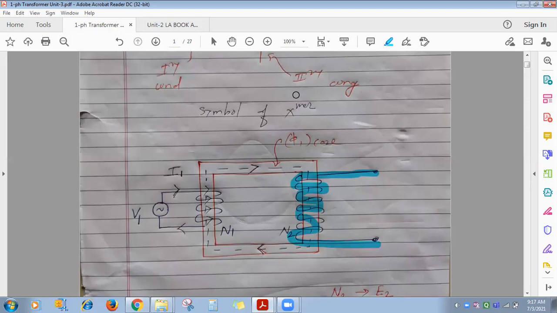No, ma'am. Very good. Why not? Open circuit. Very good. Because it's an open circuit, no current will flow through the secondary winding. Now what you have to do here? Connect some load across the secondary winding. So up to this, it's a no load condition. Everyone got it? At no load, no current will flow through the secondary winding, but EMF gets induced here.